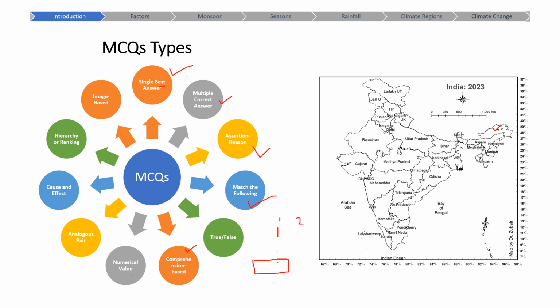There may be some numerical values given, like what is the average annual rainfall received by the city of Chennai in millimeters. The options are four, and in numerical values you have to choose one. Then the question type may be analogous, an analogous pair. What does it mean?